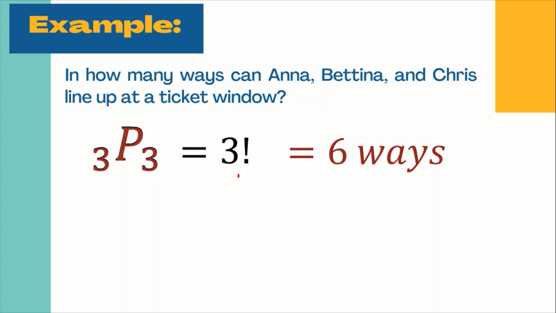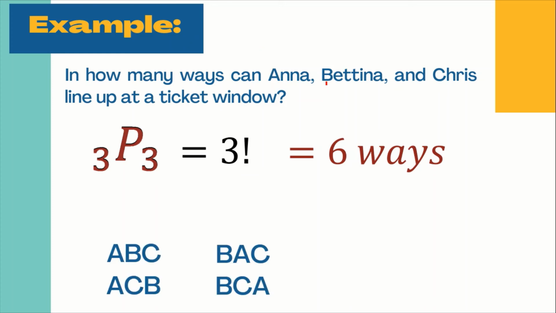So, ano ba yung 6 na ways na yon? So, representing Anna as A, Bettina as B, and Chris as C. So, pwedeng A, B, C ang pagkakapila. Pwede rin si A muna, then C, B, then B, A, C, B, C, A, C, A, B, or C, B, A. So, 6 ways nga.